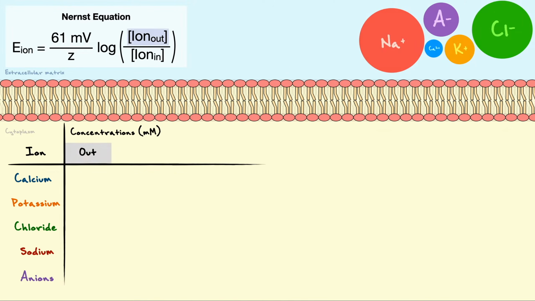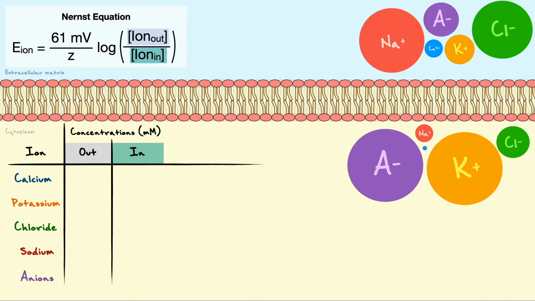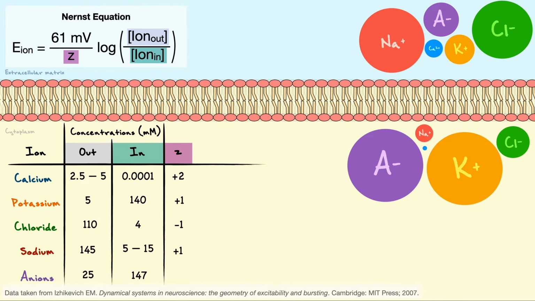To do so, we need the concentrations in and out of the cell for each ion and their valence. With data taken from this textbook, we can compute the equilibrium potential for each ion. You will notice that, let's say for sodium, the concentration inside varies from 5 to 15. Hence, the equilibrium potential also varies.